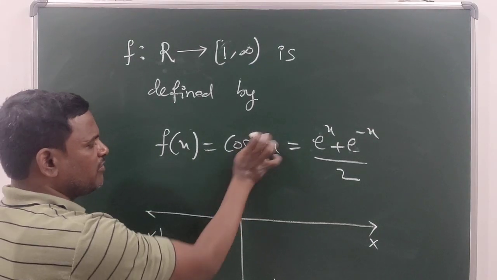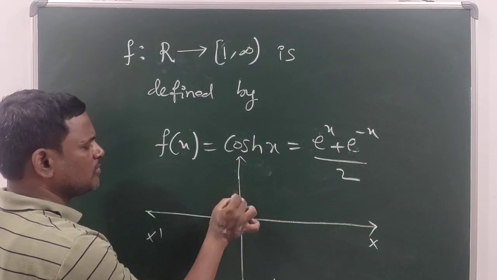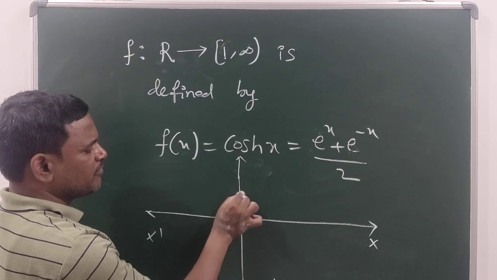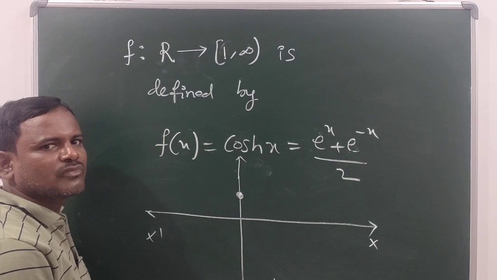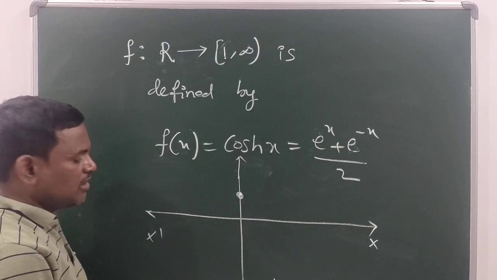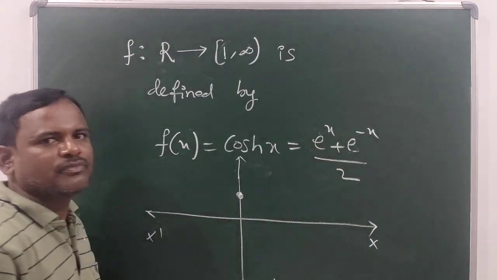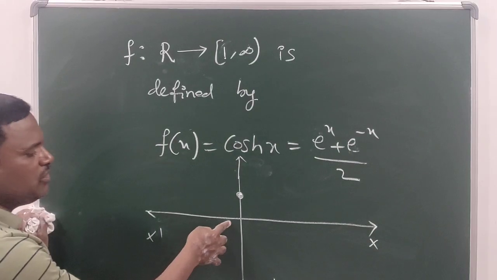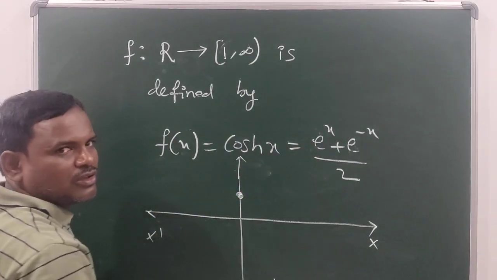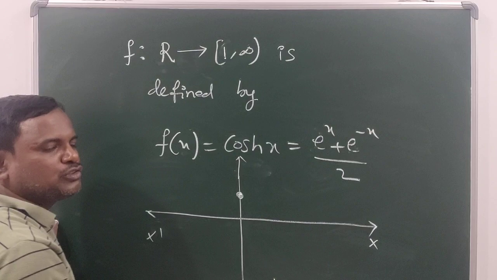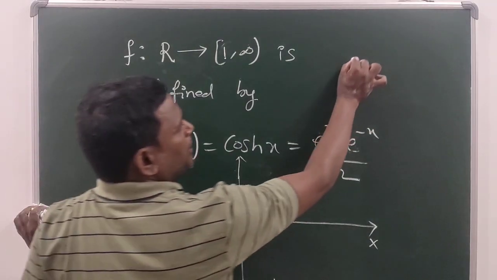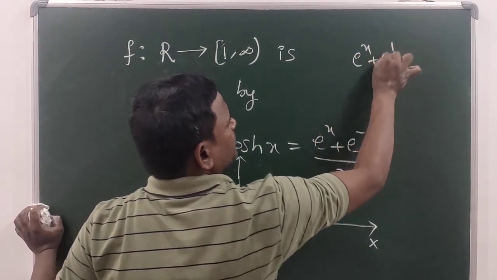So where do you get that 1 on the y axis? Here you will get 1. Hereafter, give negative real values and positive real values for x. Suppose first you give a positive real value.